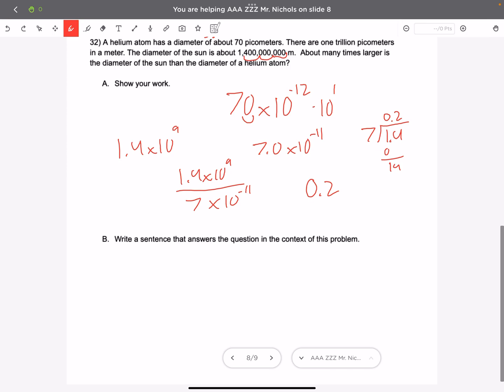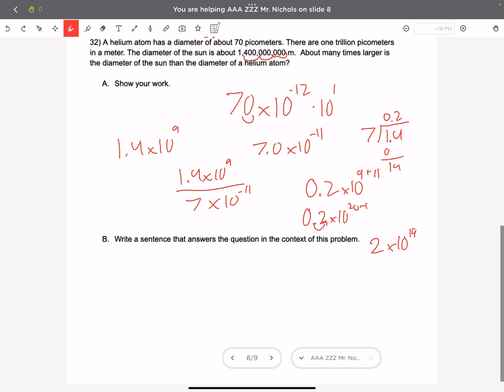So 0.2. Now remember, times 10 to the 9 minus negative 11. So that's the same as saying plus 11. And so we get 0.2 times 10 to the 20th. But it's not in scientific notation. I need to move 1 to the right, which is like, once again, multiplying by 10, I subtract 1, and so we get 2 times 10 to the 19th.